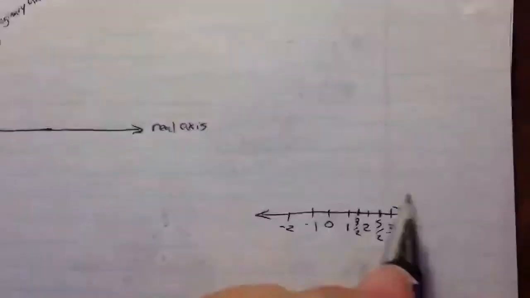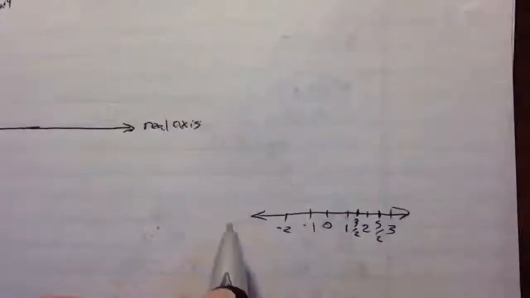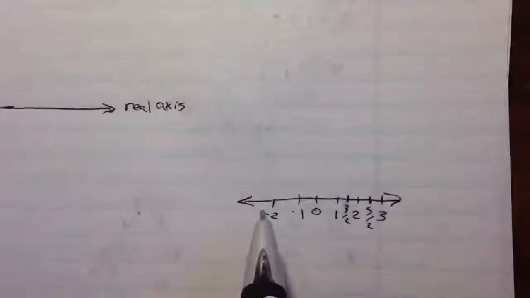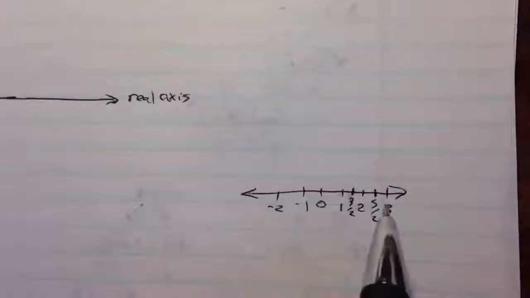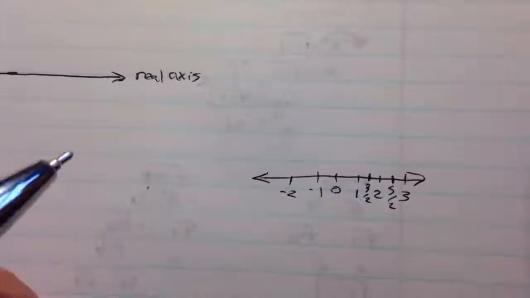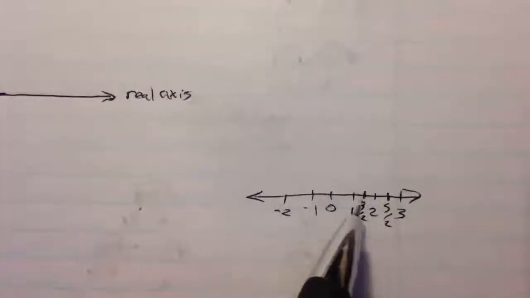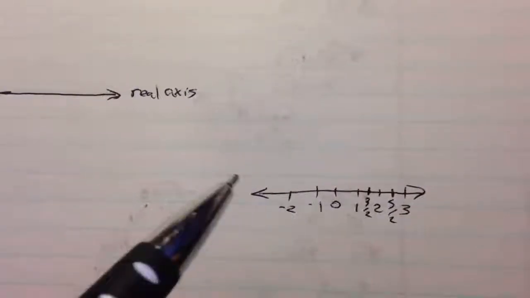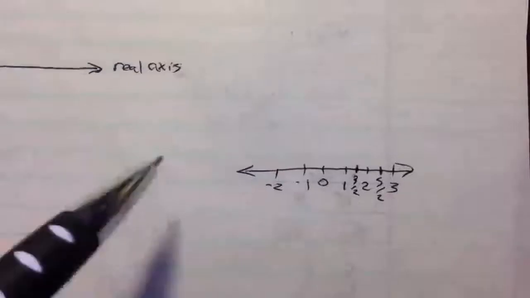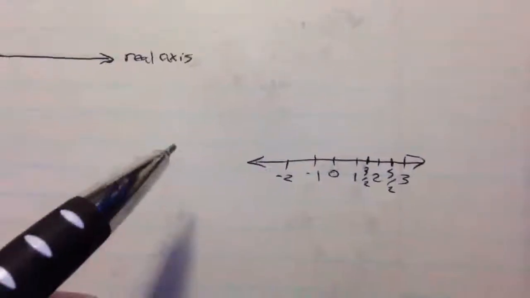So this number line is our real number line. There's nowhere on this number line to illustrate the square root of negative 1, because the square root of negative 1 is, as they call it, not a real number.